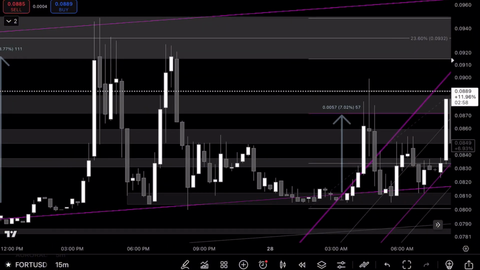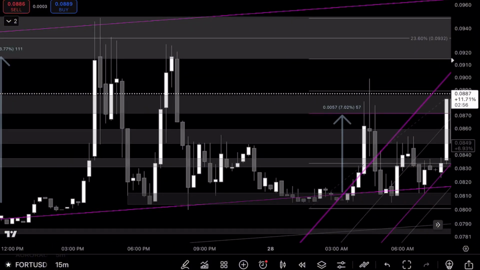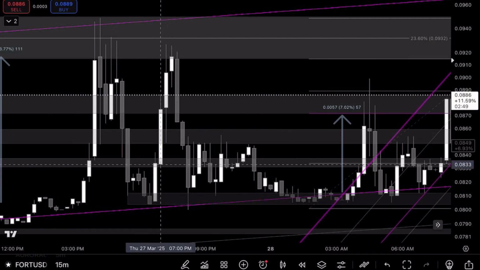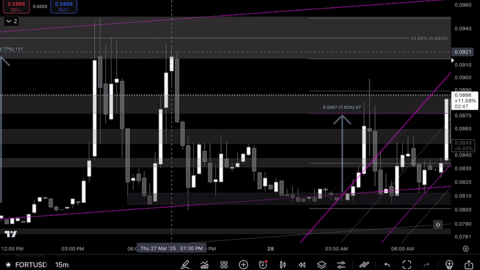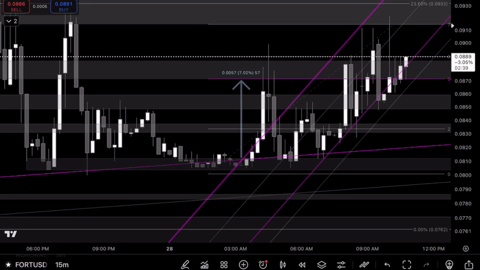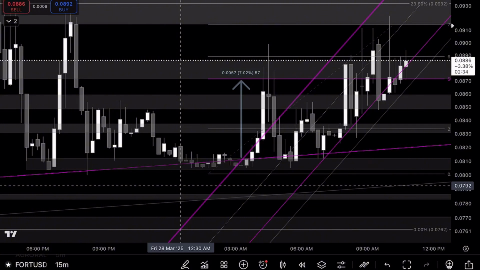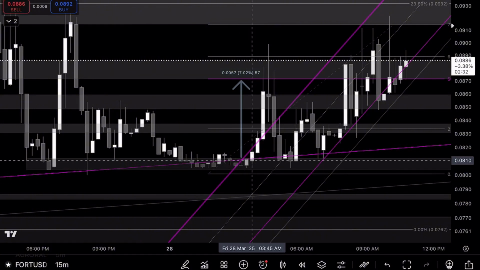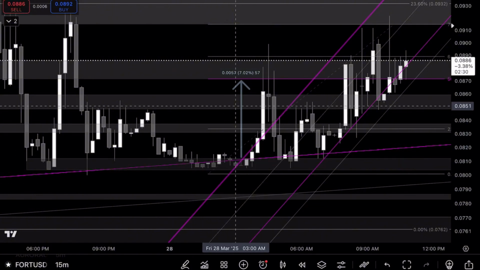And then I saw it go back up again, hit this little support right here again, but I didn't really trust that it was going to make it all the way up here, but it did. And then I just had alerts going. And then it hit that area again and started making its way. I was like, okay, well, let me try it again.